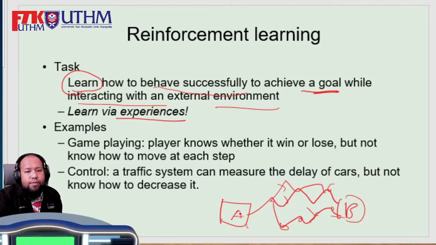Bila dia lalu from point A to point B, first randomly kan, dia pilih je mana-mana laluan, and then dia dapat satu value, and then they already know, okay, dia akan store this path, give you a certain value. And then dia try lagi, dia try lain path, and then they give us different value. Bila kita gunakan jalan ni banyak-banyak kali, so macam human lah, kalau kita dah lalu banyak-banyak kali, then at the end of the day kita akan tahu, oh rupa-rupanya this one path is the best.